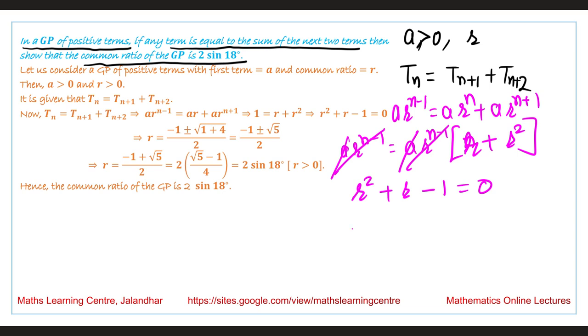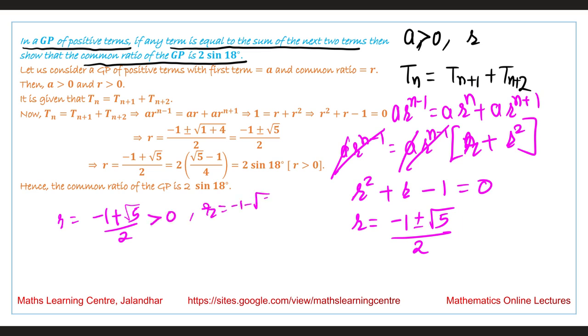So the values of r that we obtain are equal to minus 1 plus minus square root of 5 by 2. Now r is equal to minus 1 plus square root of 5 by 2 is greater than 0, and r is equal to minus 1 minus square root of 5 by 2 is less than 0.